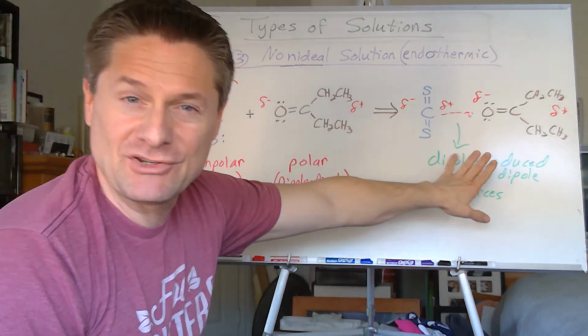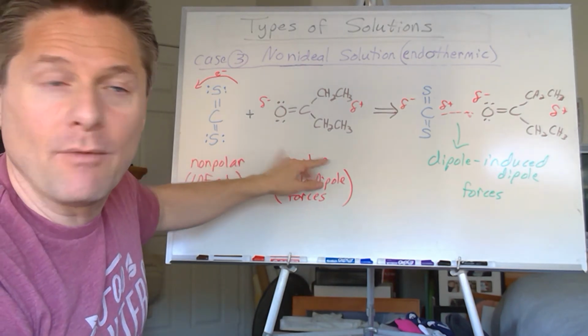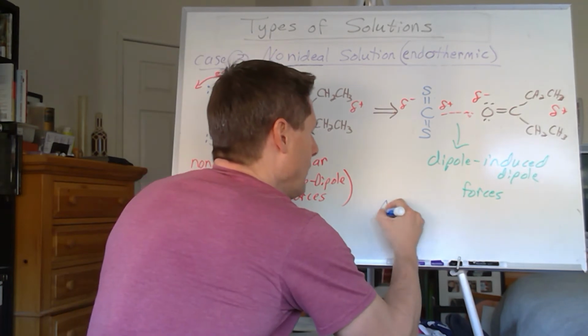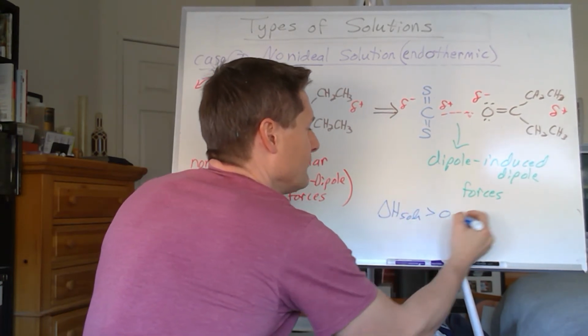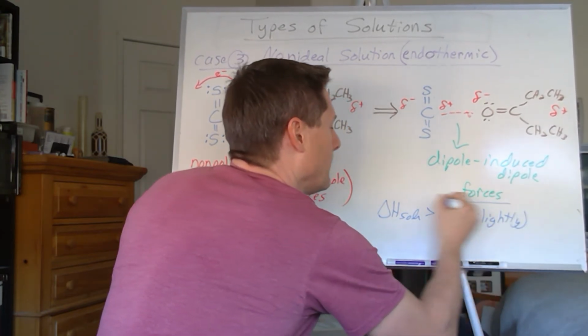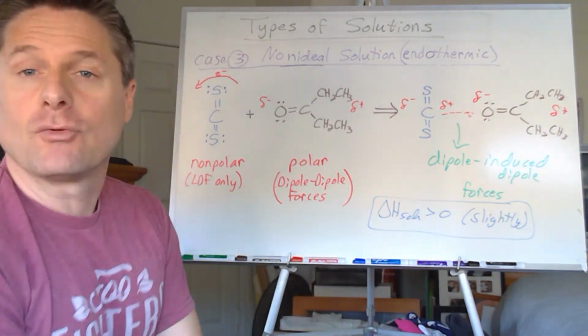They can attract to each other, so they'd be slightly soluble, but they would still rather be with themselves, right? So in this scenario, delta H overall is slightly endothermic. So we've got a non-ideal homogeneous mixture or solution.